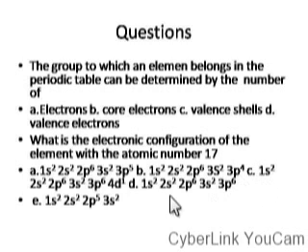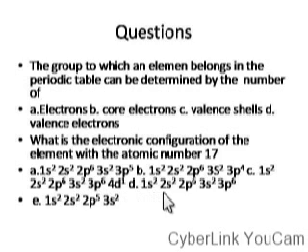Option C is wrong because we cannot jump from 3p to 3d and to 4d. From 3p, the next is 4s. And besides, the number of electrons here is more than 17.